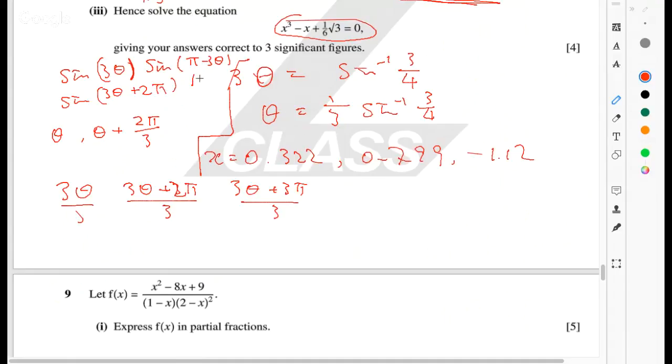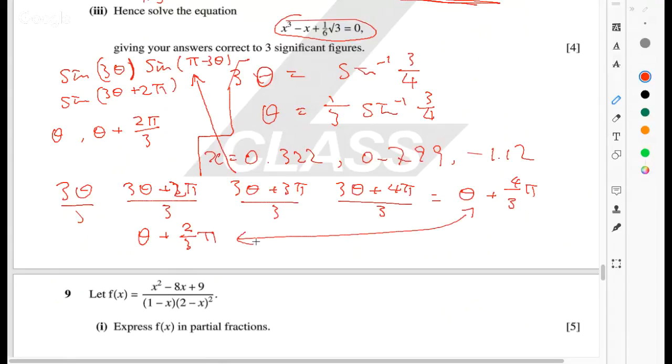But then if we do 3 theta plus 4 pi over 3, something interesting happens, because that's equal to theta plus 4 over 3 pi, and this is theta plus 2 over 3 pi. When you take the sine of these two values, they'll be the same actually.